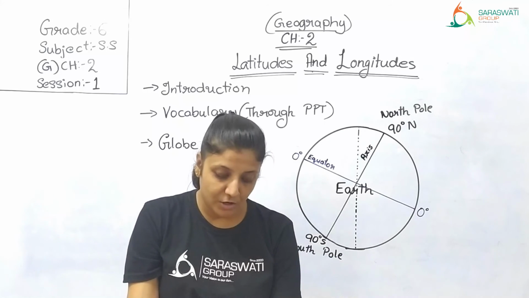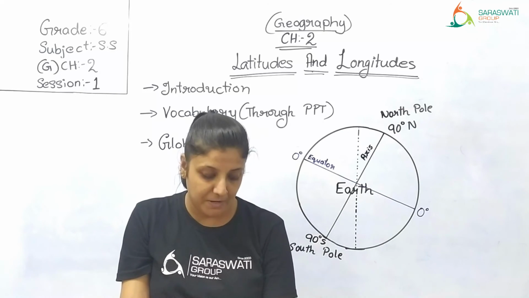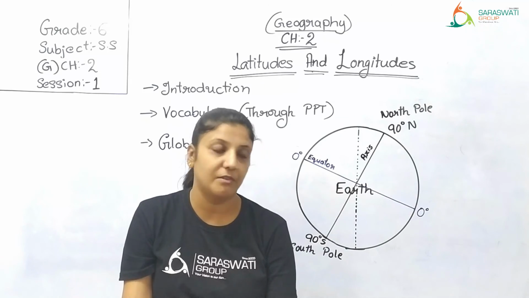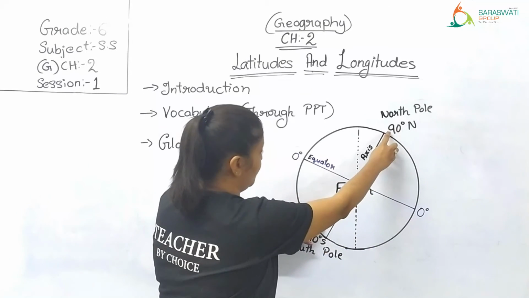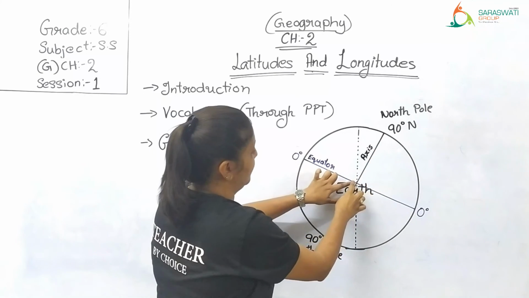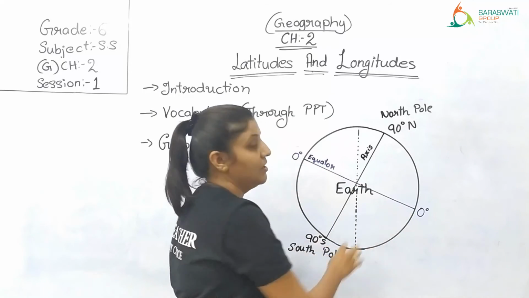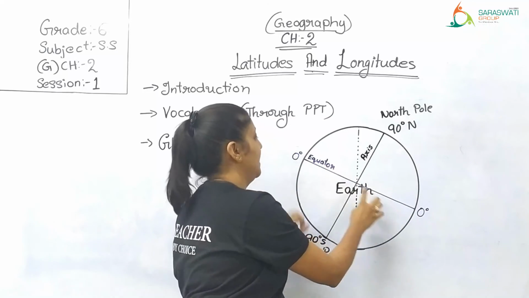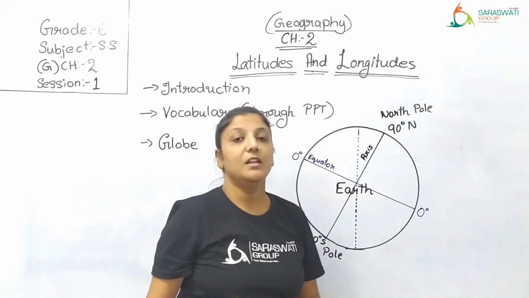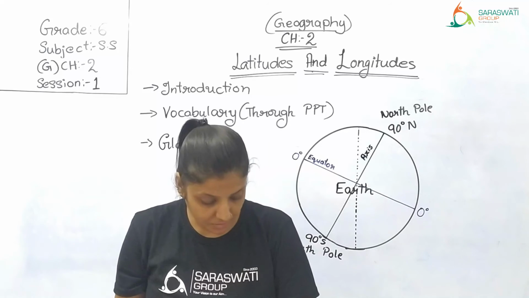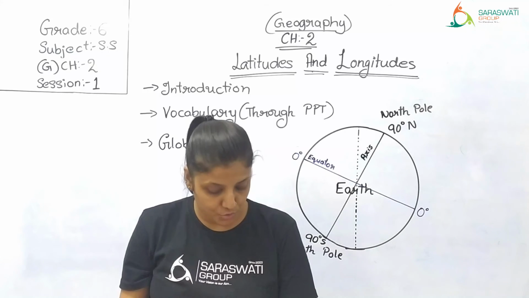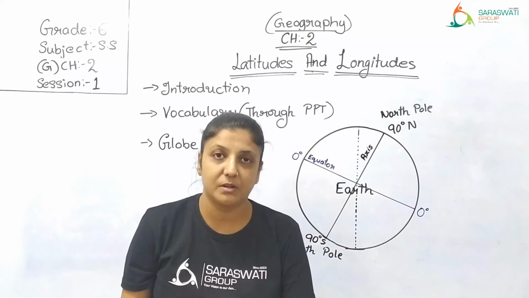The imaginary line drawn exactly midway between two poles is called the equator. In between these two poles, exactly in the middle, there is another imaginary line which is intersecting this line. So this is an equator. It divides the earth into two equal halves or hemispheres.